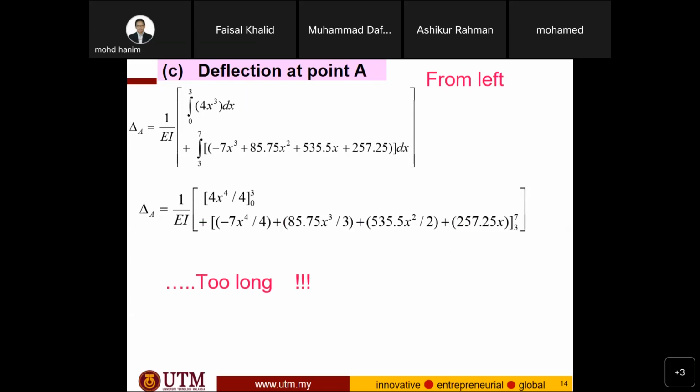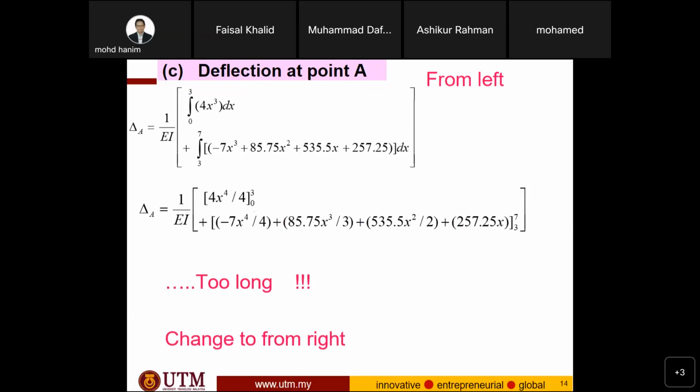So how do you feel? Are you comfortable with the unit load method? If you are familiar with the method, you can go on. But if you are not familiar, or you are not good at very long mathematical equations and integration, then you can change.